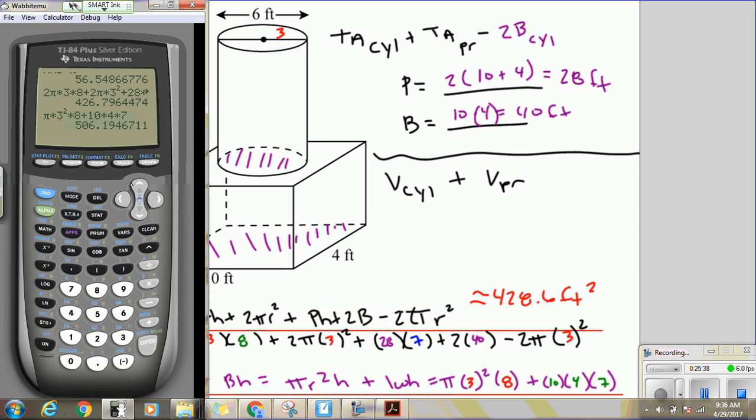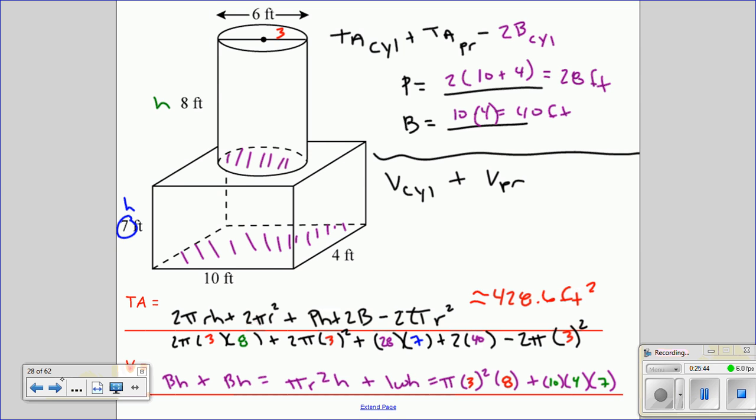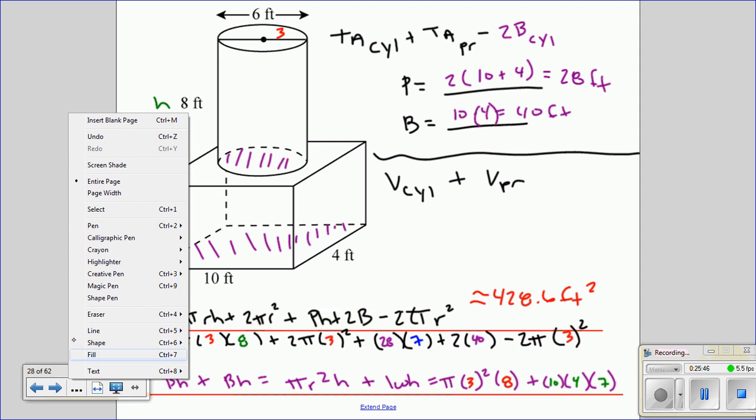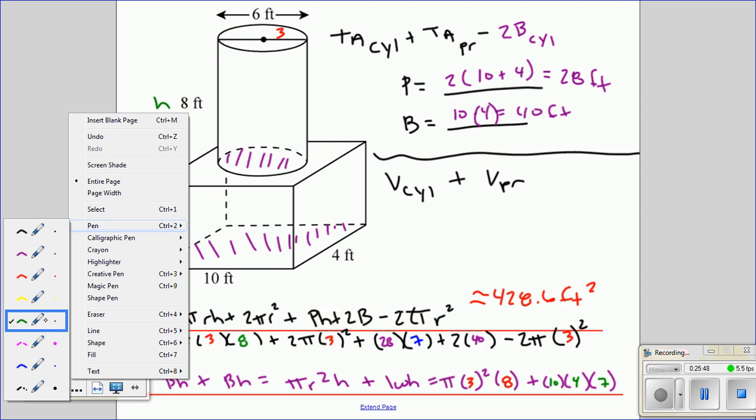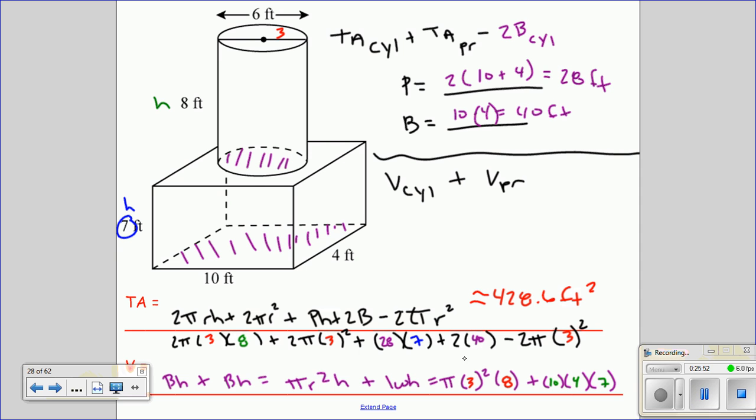Roughly 506.2 when rounding to the tenths place. 506.2 feet cubed.